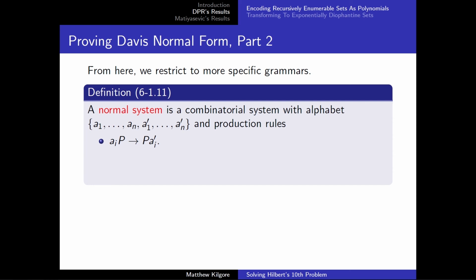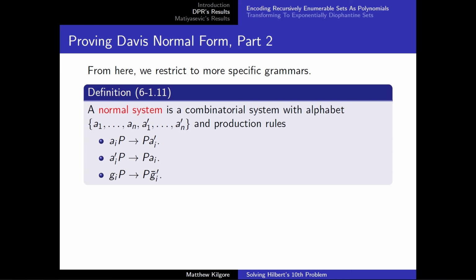In production rules, a_i P maps to P a'_i, a'_i P maps to P a_i, and g_i P maps to P ḡ_i'. Here, g_i and ḡ_i are words in the alphabet a1 to an, and ḡ_i' is the conversion of that to the prime alphabet.